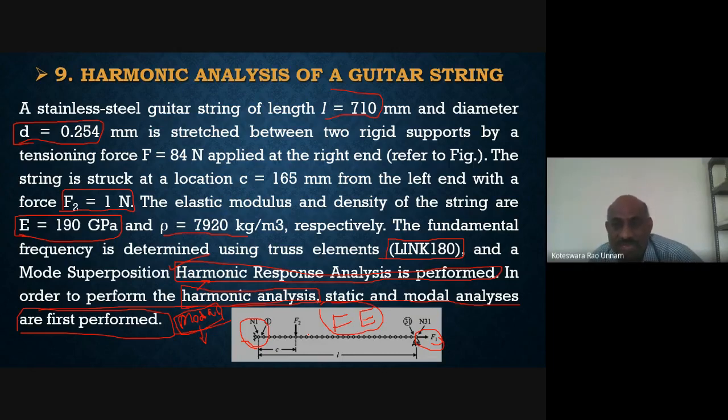So direct creation means directly I'll create the nodes, and then from the nodes I'll create the elements. That is what we call a direct creation of FE model. Indirect means first I'll create the geometry, then I'll mesh the geometry so that geometry will be converted into the FE model. That means in indirect you need to create the geometry, then from that you need to create the mesh. Whereas in the direct case, directly I'll create nodes and elements.